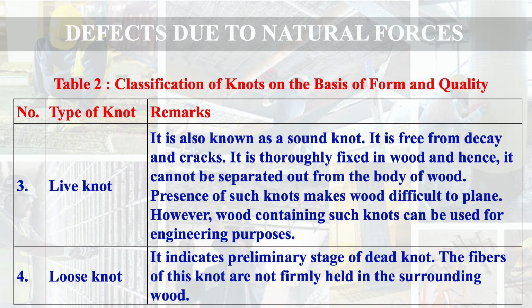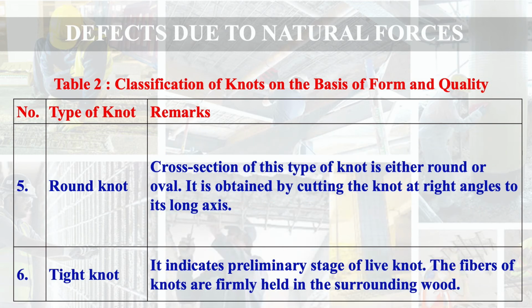Then fourth one is loose knot. It indicates preliminary stage of dead knot. The fibers of this knot are not firmly held in the surrounding wood. Then fifth kind of knot is round knot. Cross section of this type of knot is either round or oval.